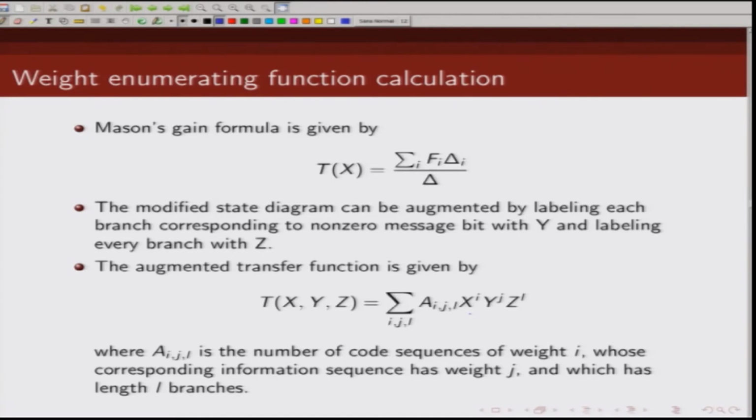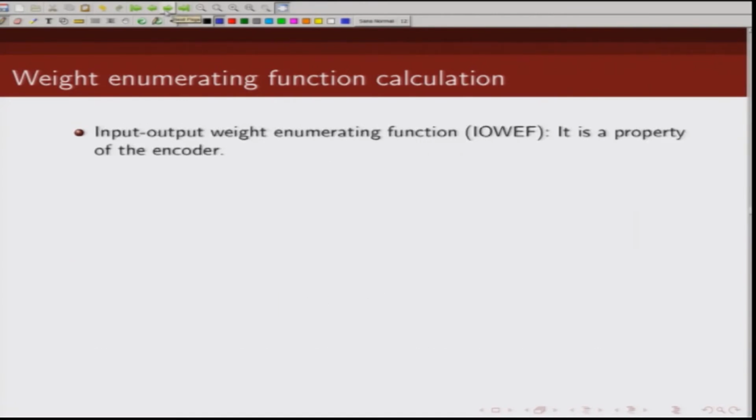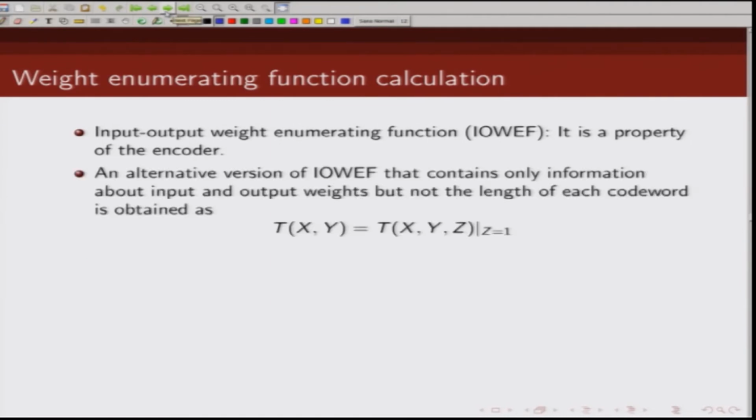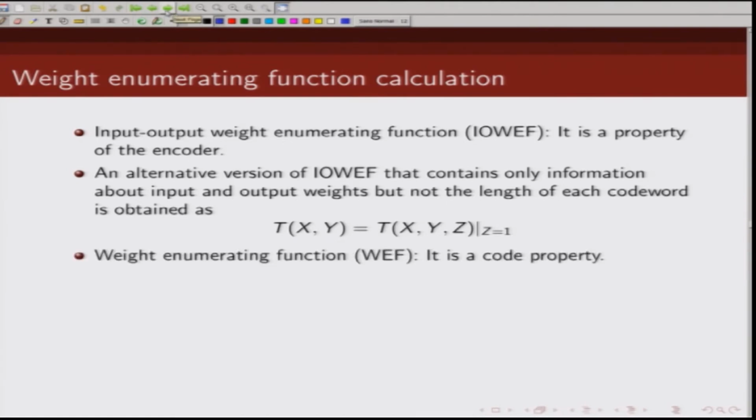So, this will give us the input output weight enumerating function, and it is a property of the encoder. An alternative version of this function is one that contains only information about the input and output weight and not the length of each code word. So, if we put z equal to 1, this is going to give us an alternative version of the input output weight enumerating function.